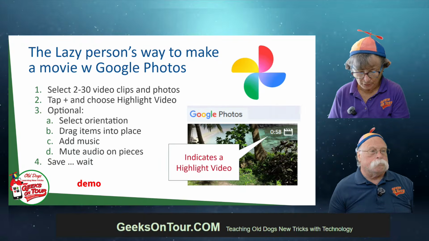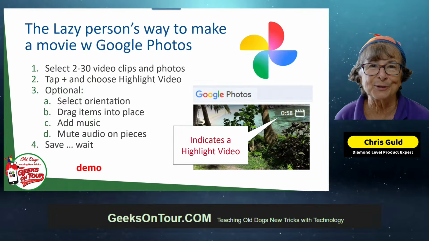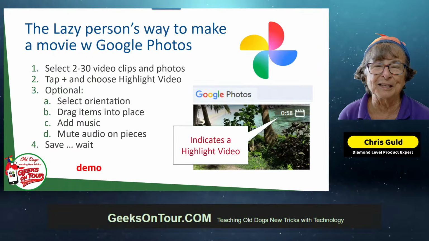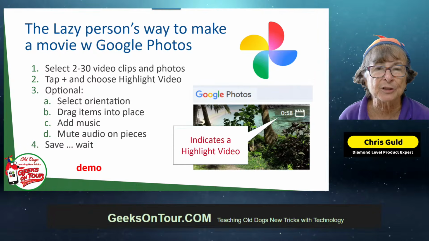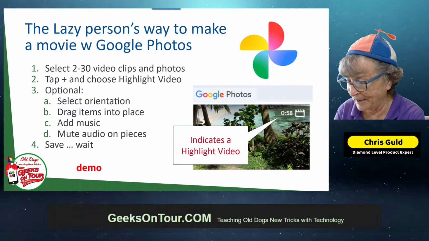So the first thing I want to show you is the lazy person's way to make a movie using Google Photos. It is just so incredibly easy. I do it a lot just because of that.